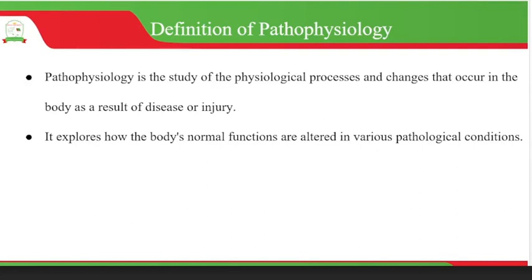So if these cells of the kidneys that are responsible for this function of filtration of blood and formation of urine are damaged either by an injury or invaded by microorganisms and the disease results, how does the formation of urine become altered by the cells of the kidney? So that study is what we call pathophysiology. It explores how the body's normal functions are altered in various pathological conditions.